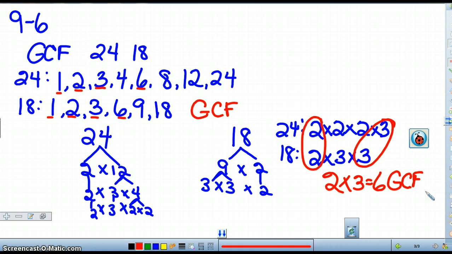That's the step that is different. When you make the list of factors, you just find the largest one. But when you choose prime factorization by doing a factor tree, then you need to find the ones they have in common. 2 and 3 are both factors. Multiply them together to get the greatest common factor.